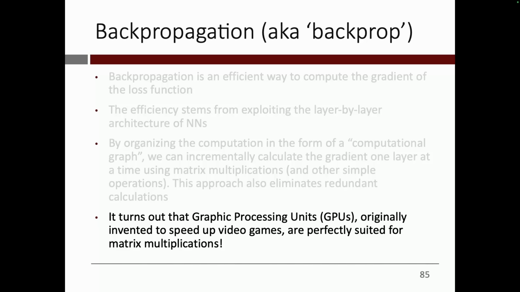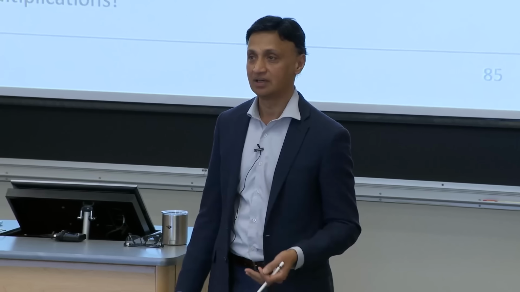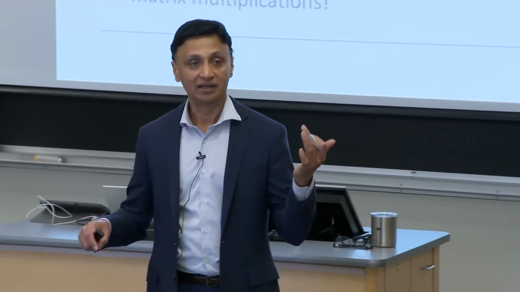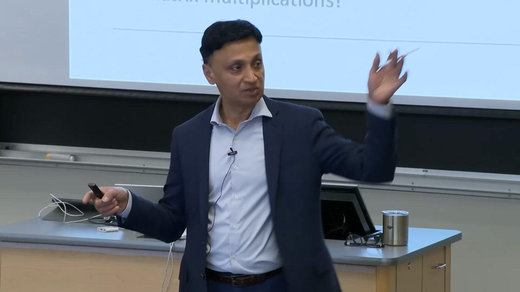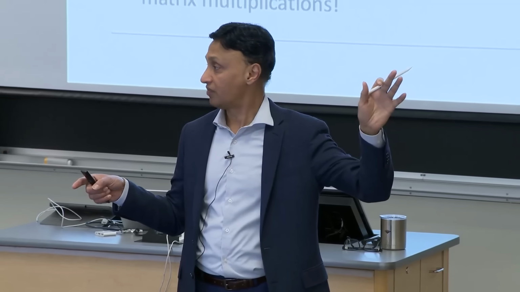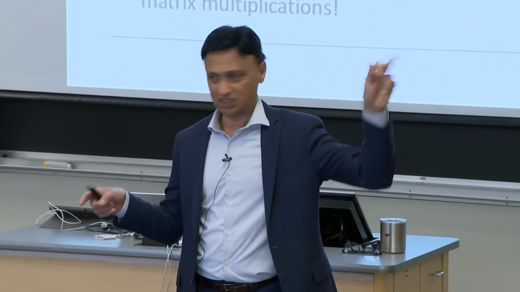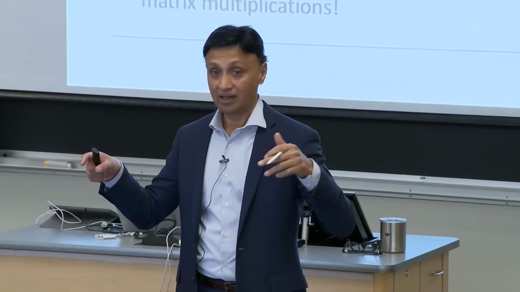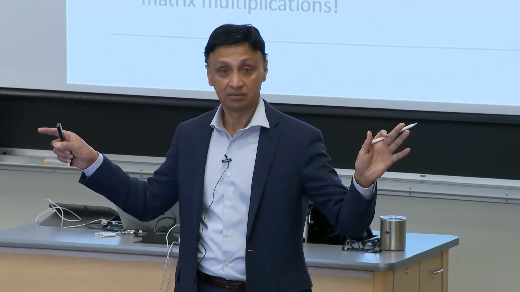As it turns out, to accelerate video game rendering, the core math operation you do is basically a matrix multiplication, some linear algebra sort of operations. And so someone at some point had the bright idea: for deep learning, calculating gradients and so on, we need to do matrix multiplications. And here is some specialized hardware that does a fast job of matrix multiplications. Can we use this for that? And they did it, and all hell broke loose.